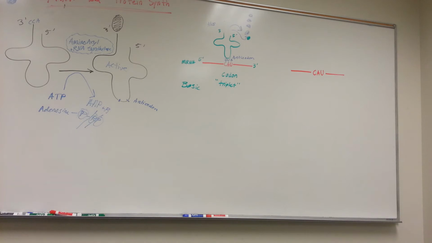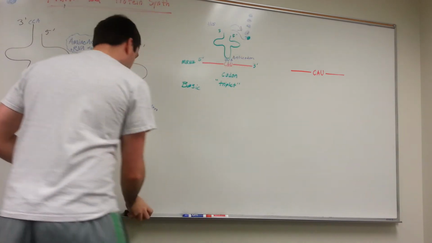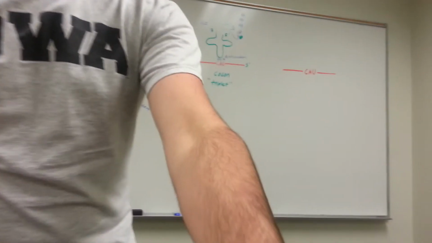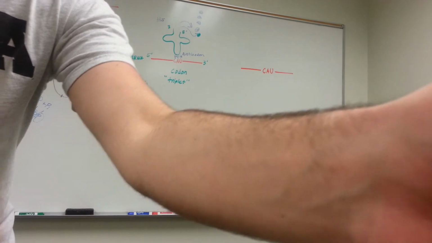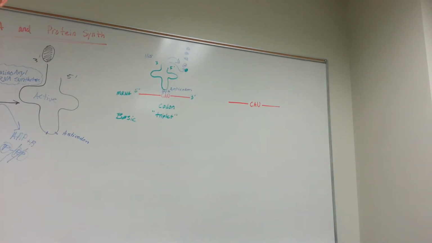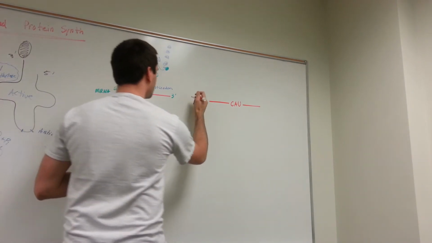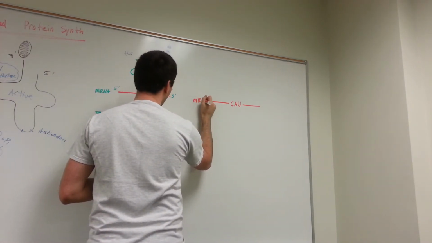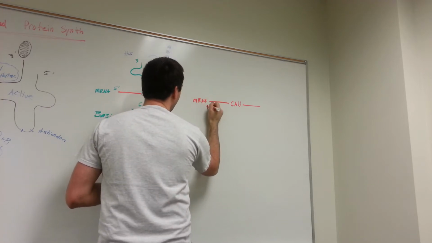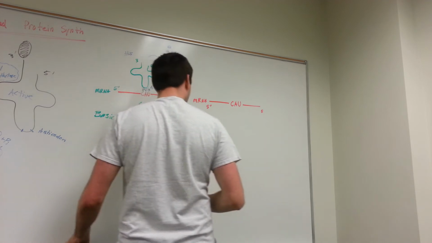of this sequence. So let's get into a little more expanded view now. So actually I can leave that up. Make sure my camera's catching everything here. All right, so now we're going to move on to an expanded view. So again, we've got our mRNA, we've got a 5' end, got a 3' end.